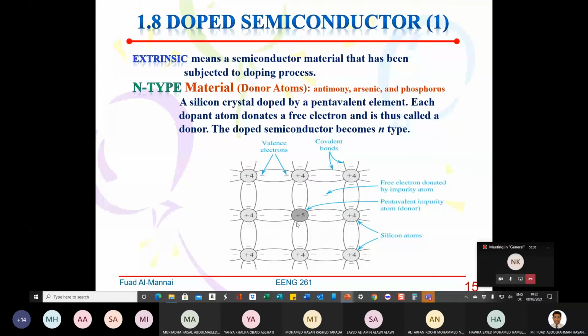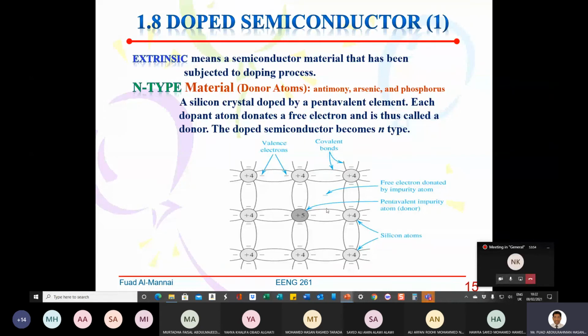The phosphorus atom has how many electrons? 5 electrons. So it will share 4 electrons with the 4 neighbor atoms, and the fifth one will just wander around.